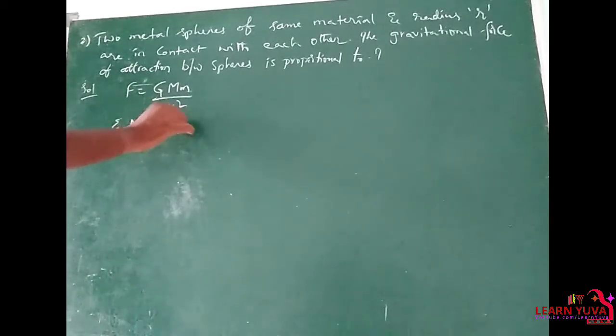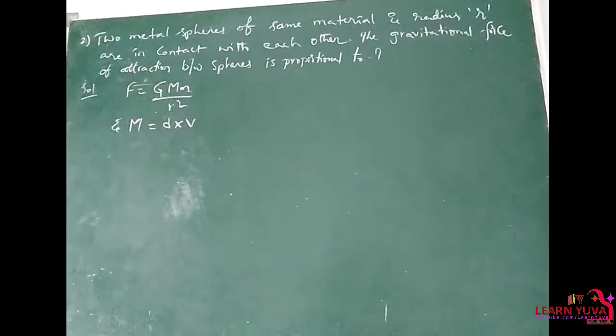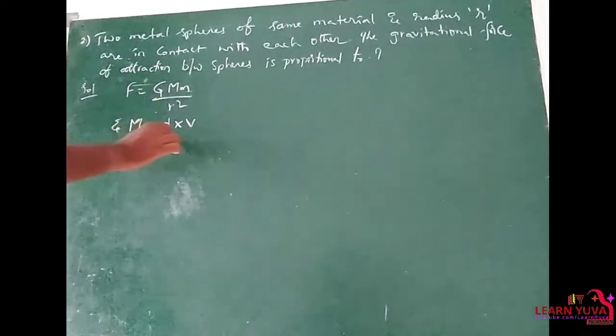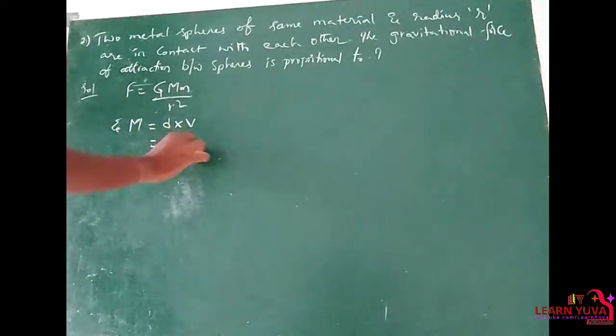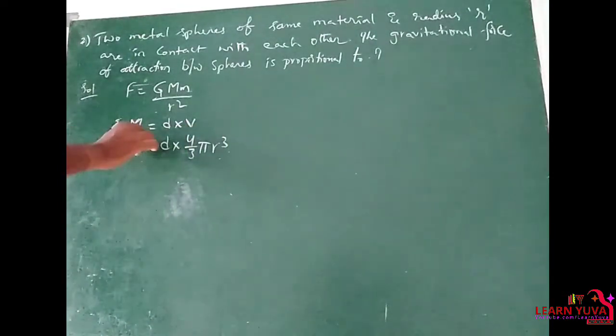Mass is equal to density into volume. Since those are spheres, the volume is 4 by 3 pi r cube, so that is the mass.